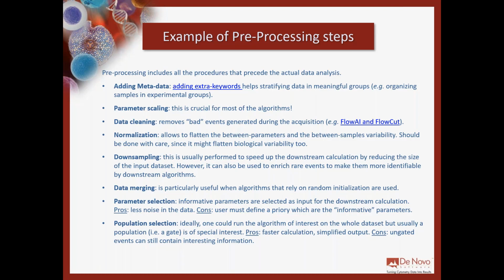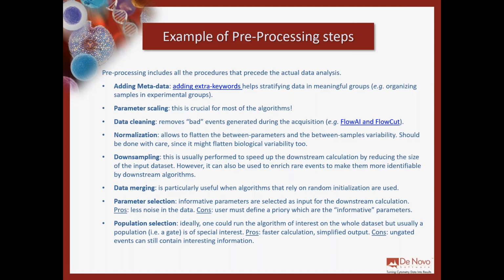That's actually, in this list, what I mean with population selection. So you do something manually with the gates. Data cleaning in this case is removing bad events that are generated during the acquisition, usually during some fluidic issue, like you have some clog in the instrument, some bubble, you see fluctuation in the intensity.